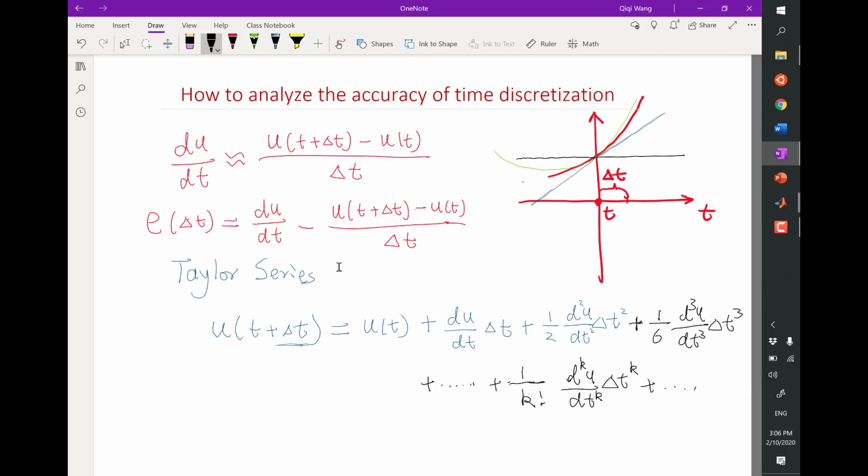You see this term cancels with this term, right? So the constant term is gone. And then the first order derivative term is not cancelled, but the delta t is cancelled, right?